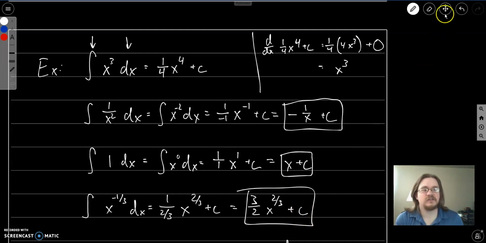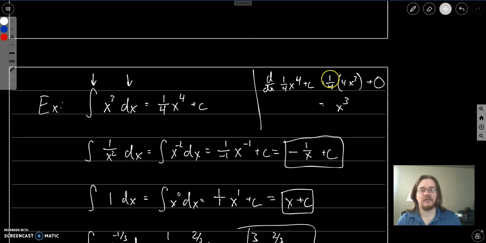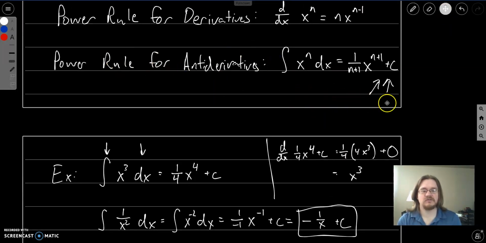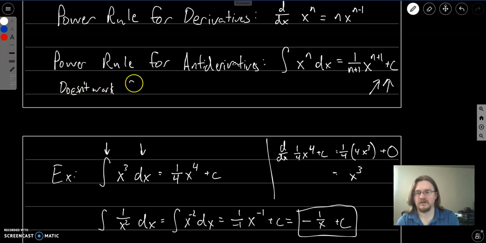And I've told you all this. There's one thing I have to mention. The power rule for antiderivatives works for nearly all n's, except this doesn't work for n equal to negative 1.